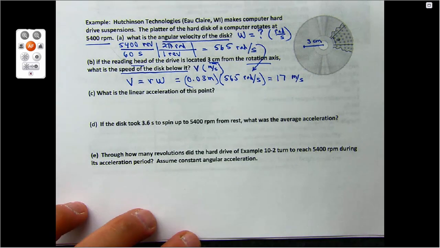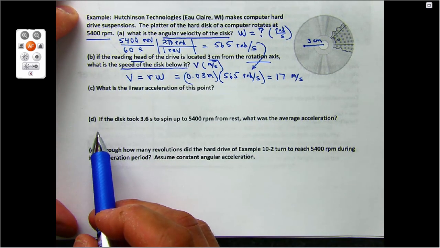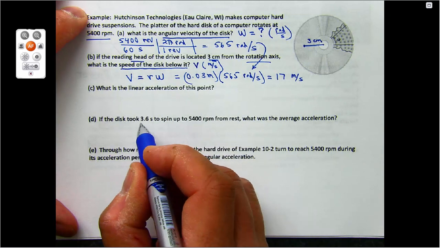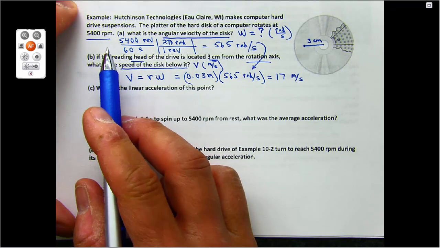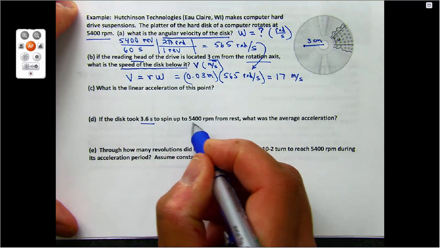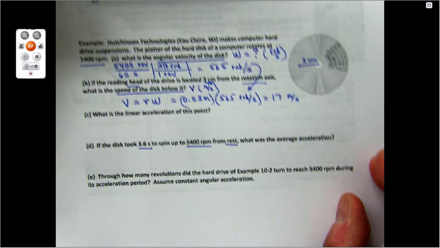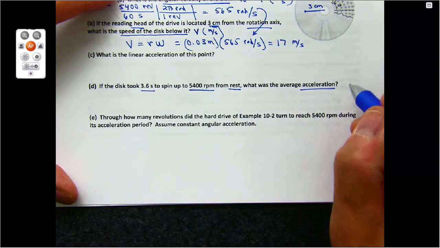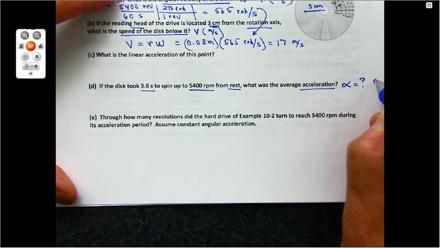Now, we're going to do D next. Start your computer up. This thing hums up to 5,400 RPMs. So if it hums up from rest when you started your computer, what's the acceleration? And this should be in radians per second squared, right?